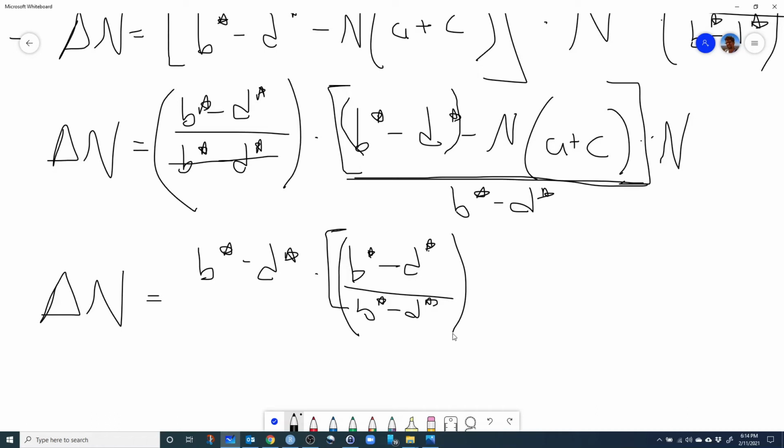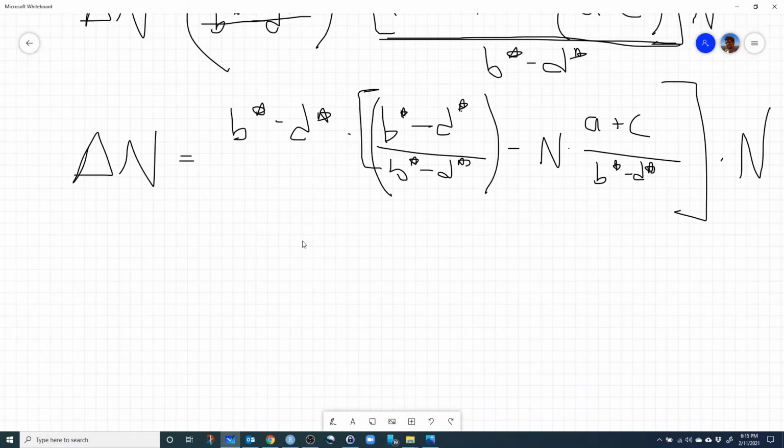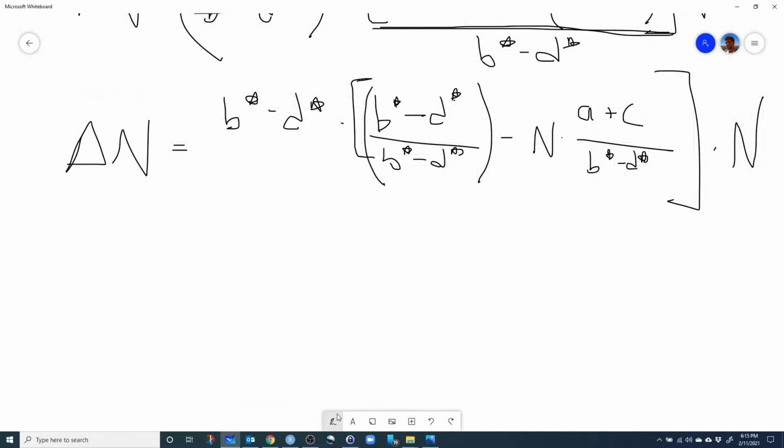That whole term together minus n times a plus c over b star minus d star, times n. All right. This you can read as all one equation, but this you can really start to see will simplify quite nicely. Let's write it out, and then we can simplify it even more.